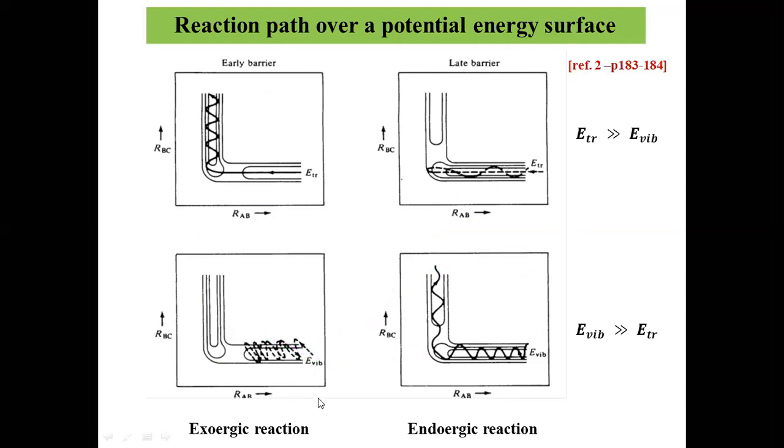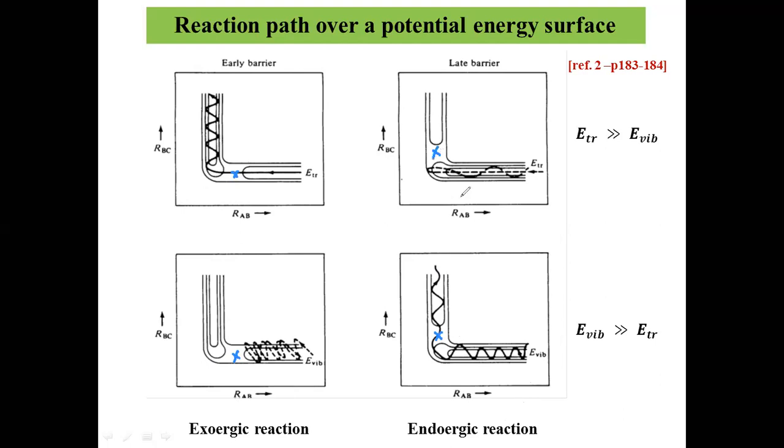Now here you can think that this column is for exoergic reaction, so the saddle point is in the entrance, right? And this column indicates the endoergic reaction. The saddle point is in the exit zone.